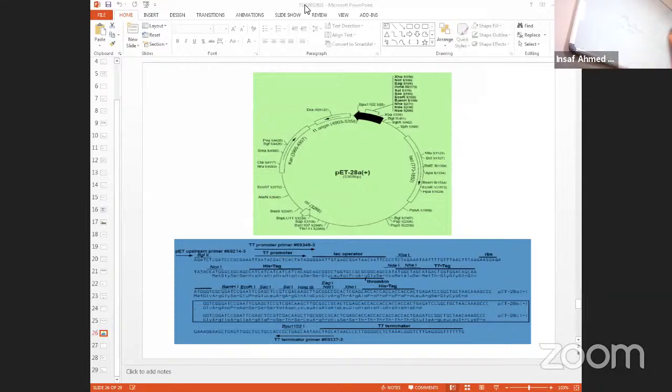Generally, when you want to express a protein, there is a problem during expression. If you see, firstly you are getting the histidine tag, then the NdeI, NheI, T7 tag, and BamHI sites.